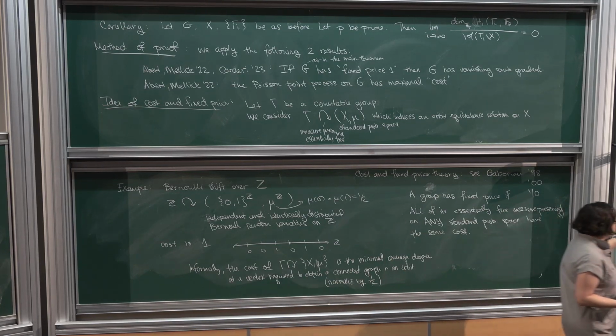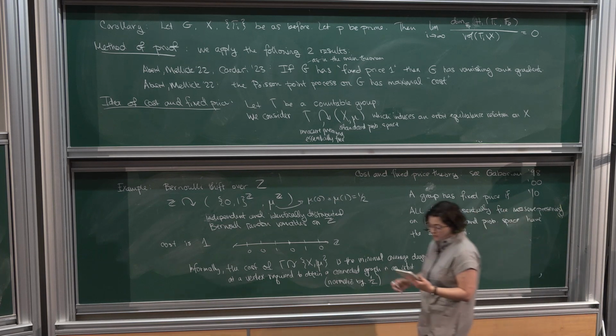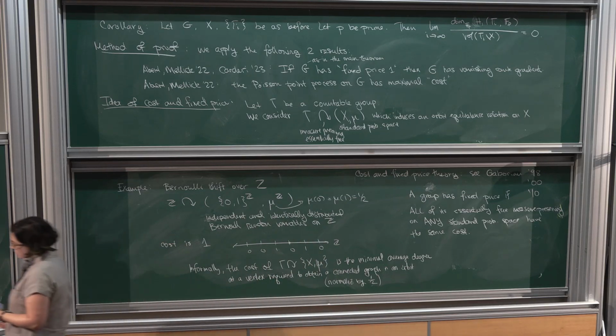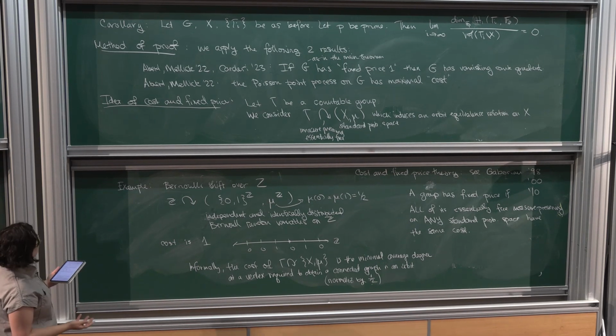So the big picture idea here is that relations between generators in a group, or the geometry of a manifold, can drive down the cost of the group. All right, so that's what we prove.